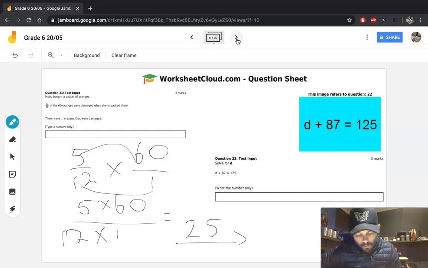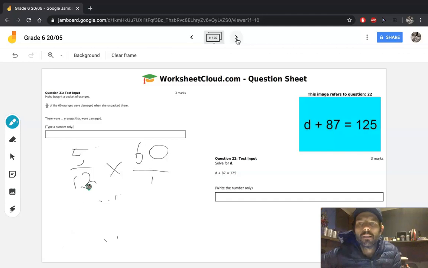But another way to do this, and a way that I think is a little bit easier, is to simplify diagonally in the sum. Now this only applies for when you're multiplying fractions. So I can see that 12 and 60 are both even.